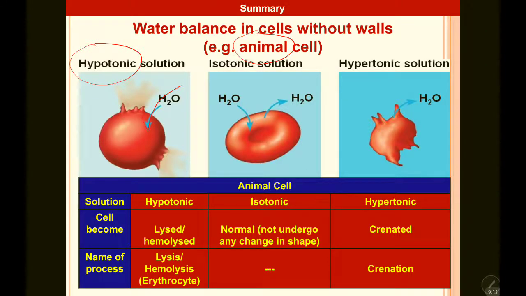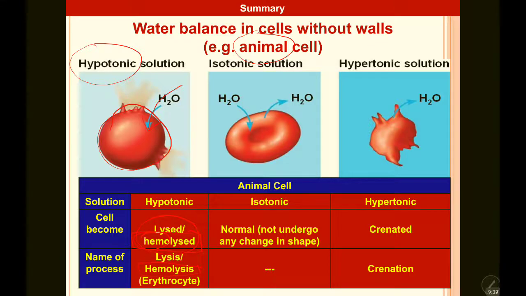When too much water moves in, our blood cell does not have a cell wall, so the cell will become lysis. Lysis means that the cell will burst. This condition is called hemolysis because this is a red blood cell which contains hemoglobin.